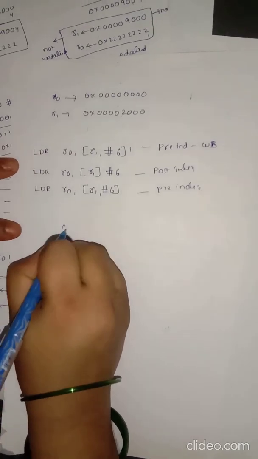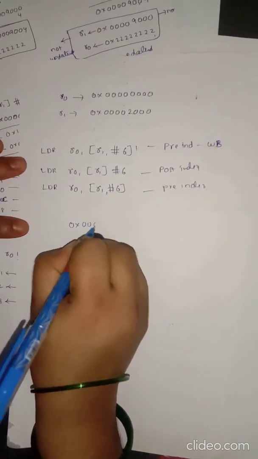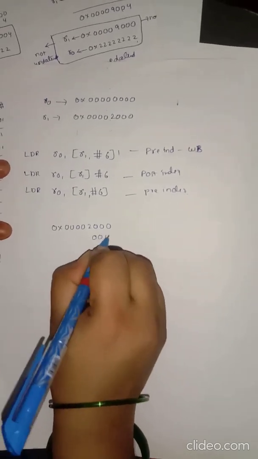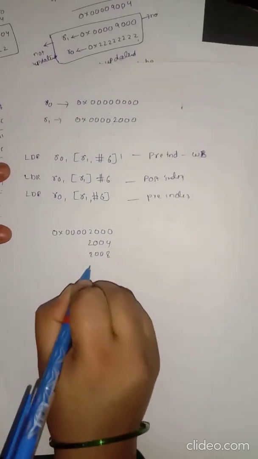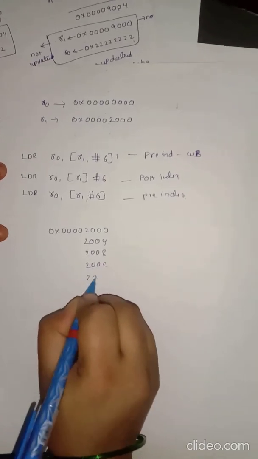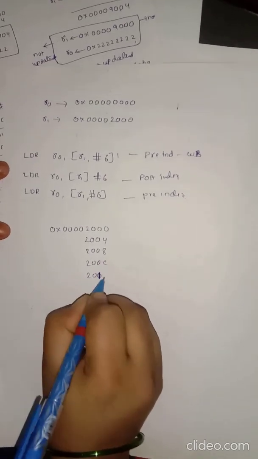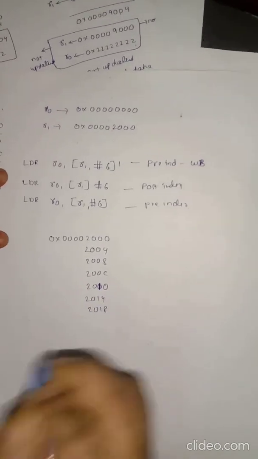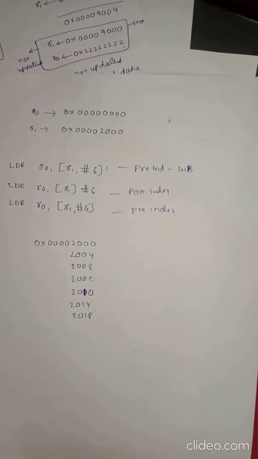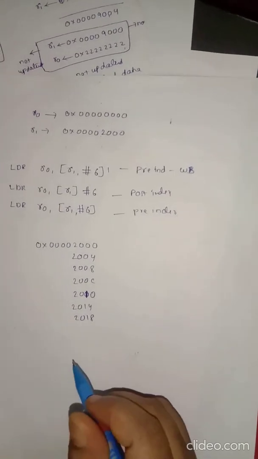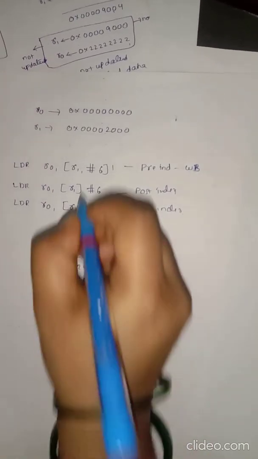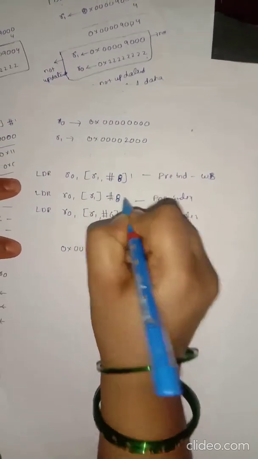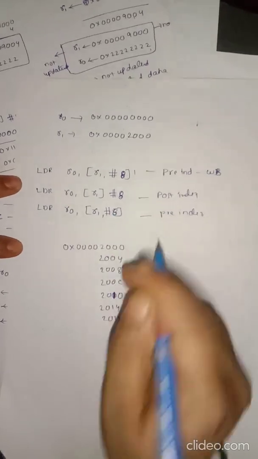In those locations you write down the data: 2004, 8, C. Take this as 8.